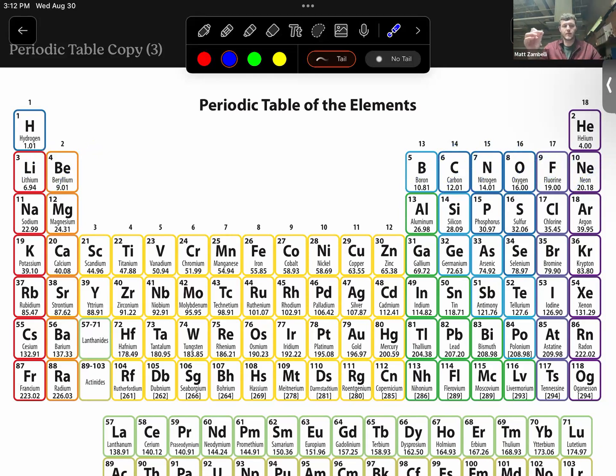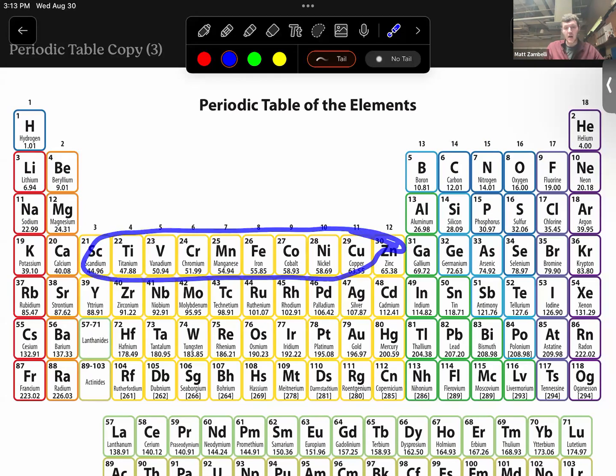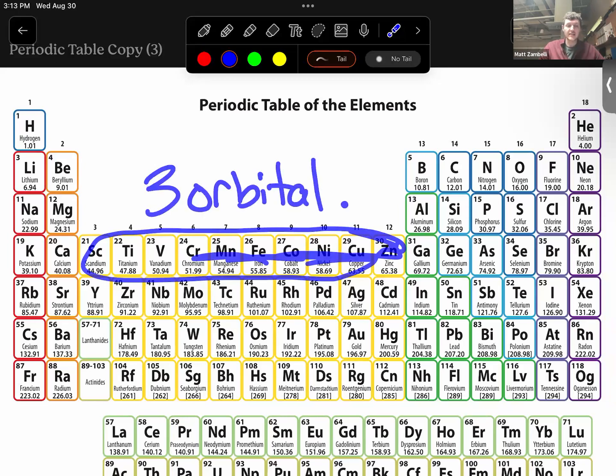Our third orbital is going to start out with 1, 2, 3, 4, 5, 6, 7, 8, as long as we're looking at the third ring or the third row. But unfortunately, our third orbital is actually going to have 18 because these wonderful guys can end up in our third orbital, just like our third row.